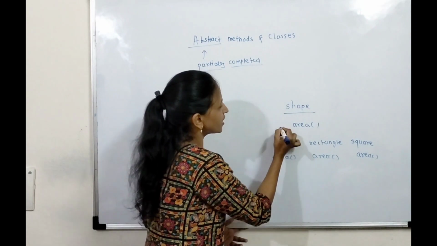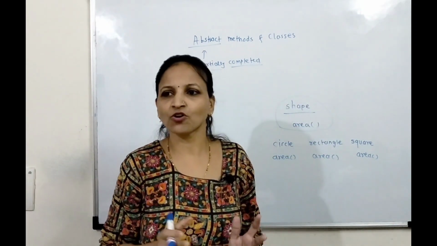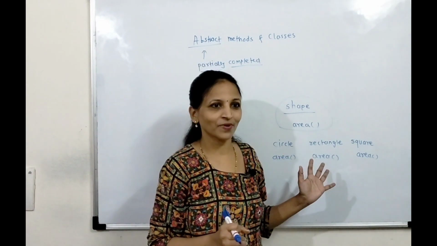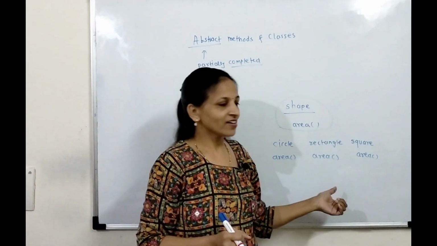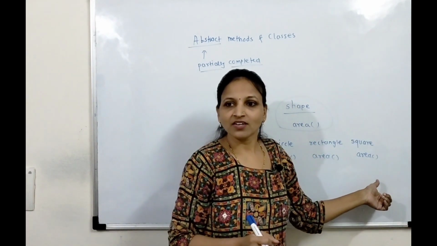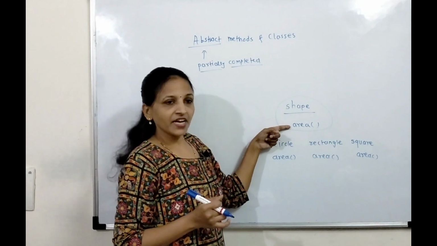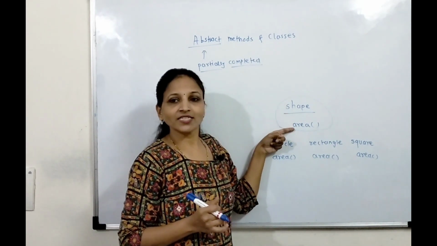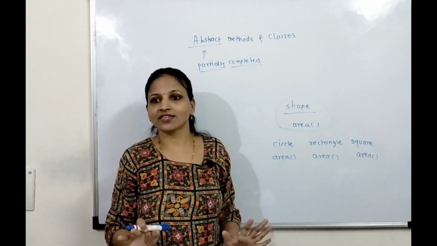Now see, shape does not actually have any type of area. We cannot calculate the area of a shape, but we can calculate the area of a circle, a rectangle, a square. If we write any method in this shape class like area, then we cannot write anything in that.